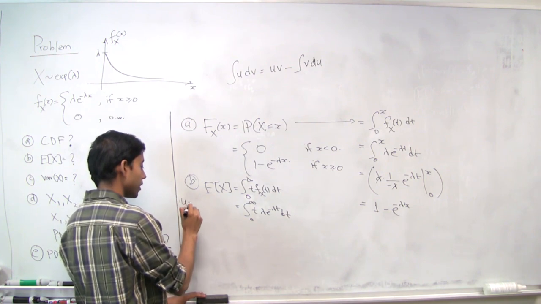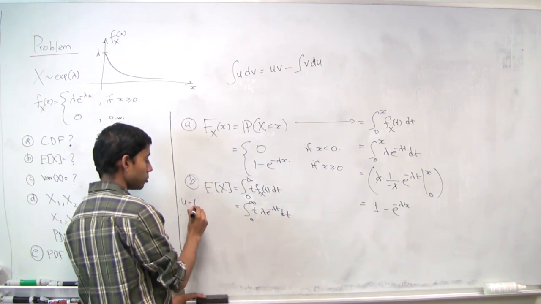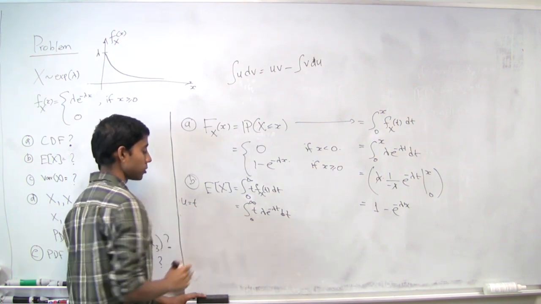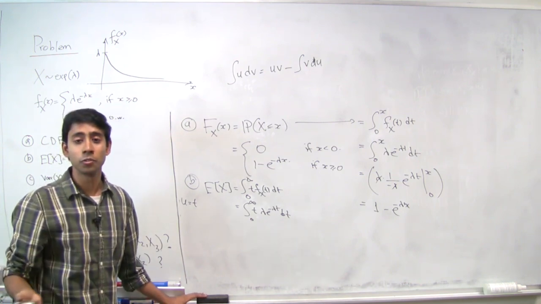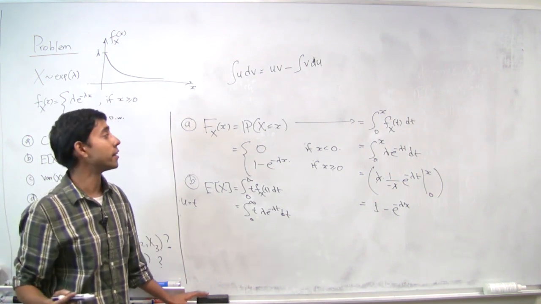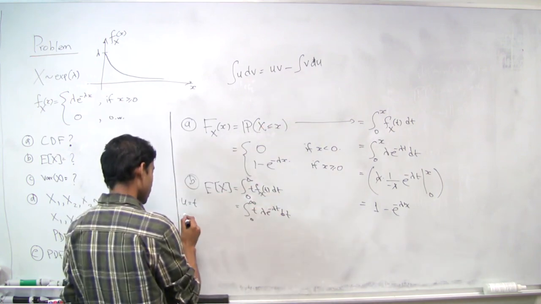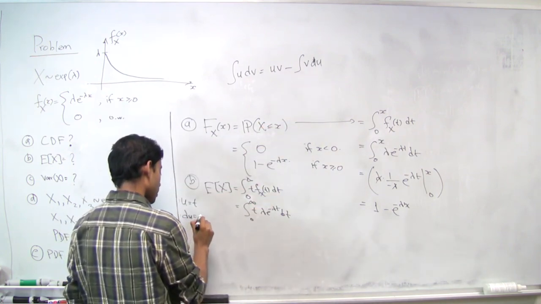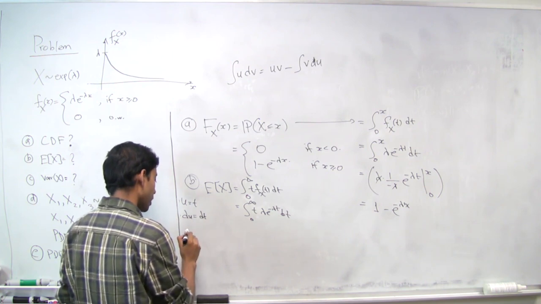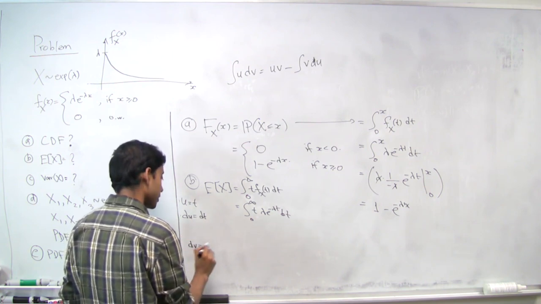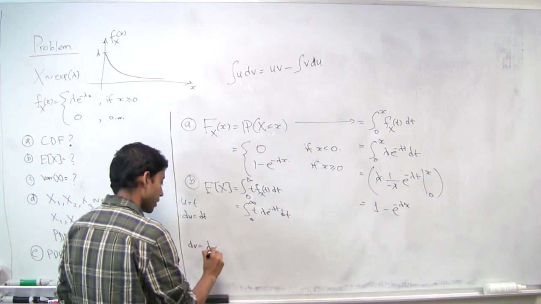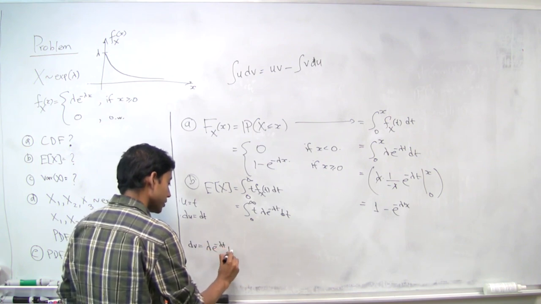In our case, I'm going to use t for u, because when you take the derivative, it's going to become 1, and the derivative is what's going to go in that integral. So this is going to be dt for du. And then dv, I'm going to select as whatever is left over: lambda e to the minus lambda t dt.